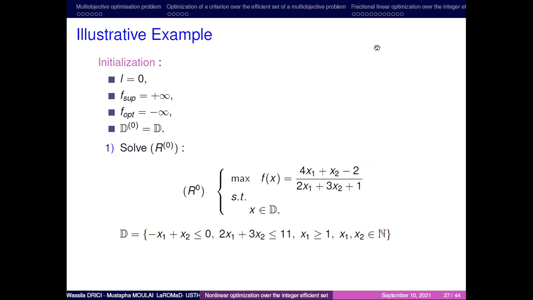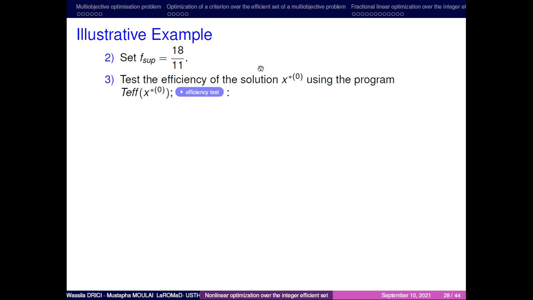First, we solve R0, consisting of maximizing the function f equal to (4x1 plus x2 minus 2) divided by (2x1 plus 3x2 plus 1), where x is defined by the inequalities of the MOILFP problem, which are minus x1 plus x2 less than or equal to 0, 2x1 plus 3x2 less than or equal to 11, and x1 greater than or equal to 1, x1, x2 in N. The resolution of the problem R0 led to the solution x star 0 equal to (5, 0), and f(x star 0) equal to 18 elevenths. F sub is then 18 elevenths.